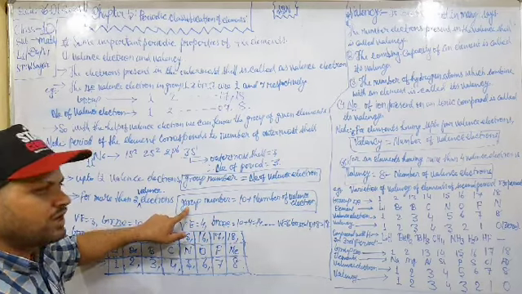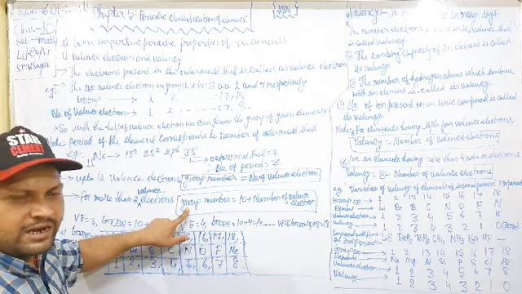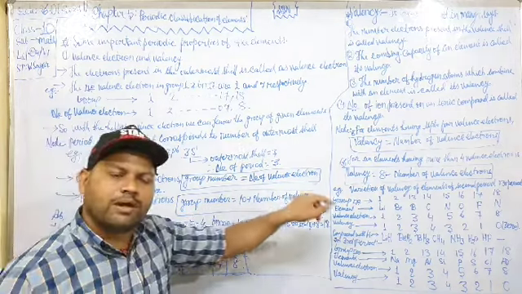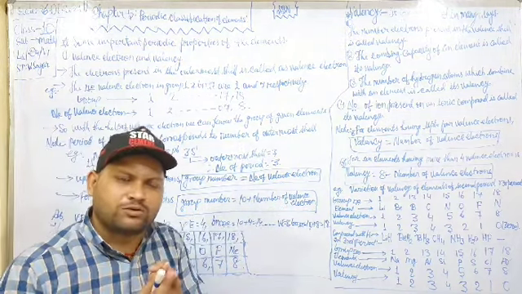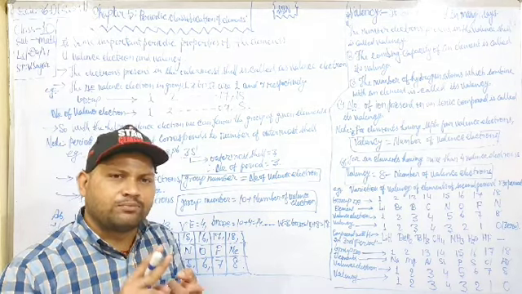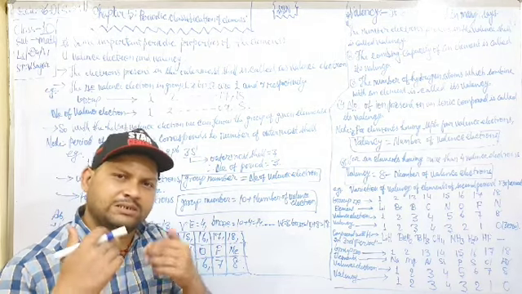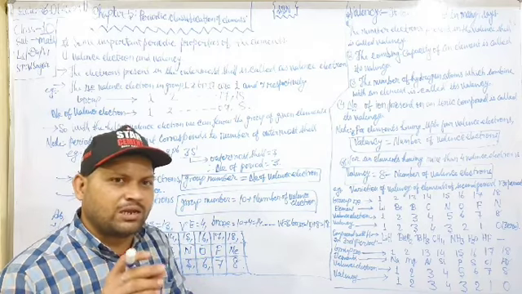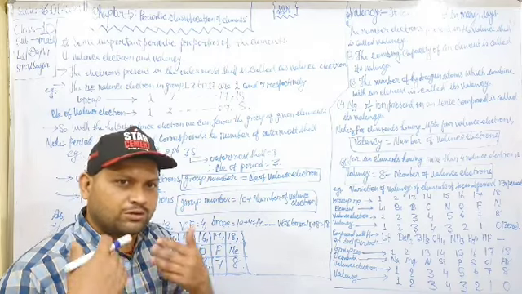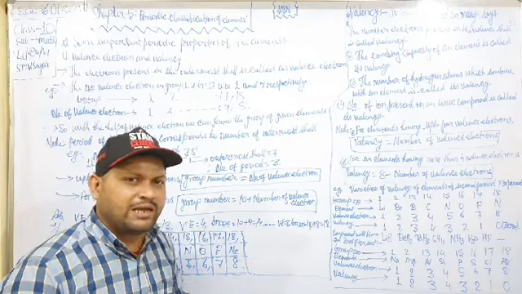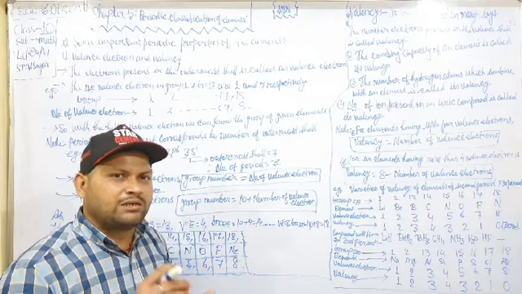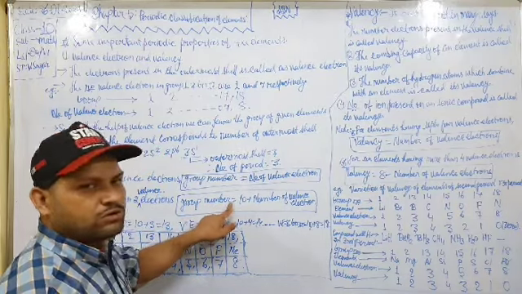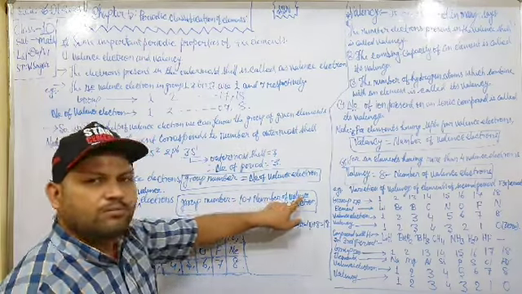This formula first gives us an idea: group number is equal to 10 plus number of valence electrons. Up to 2 valence electrons, group number is equal to the number of valence electrons. But if an element has more than 2 valence electrons, then we calculate the group using the formula group number equals 10 plus number of valence electrons.